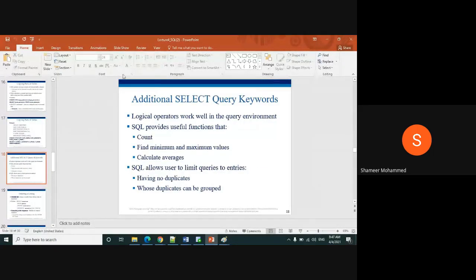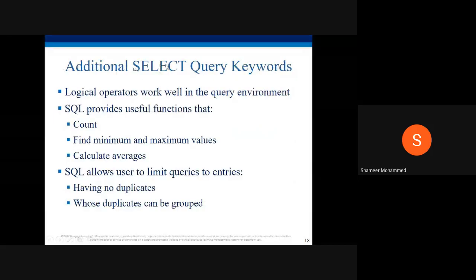Okay, next one. Additional keywords we can use along with the select query. I have already shown you logical operators: you can use AND, OR, NOT, and some aggregate functions like count, finding the maximum value, the minimum value, the average, and the sum.